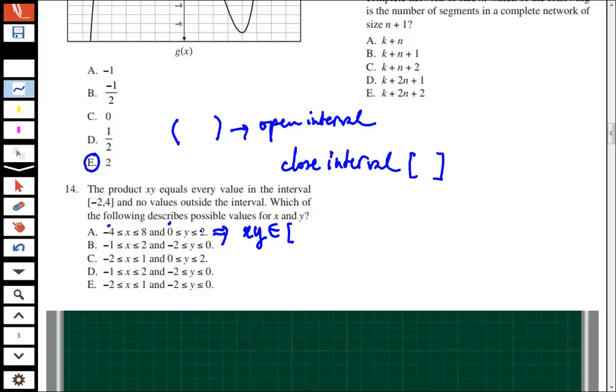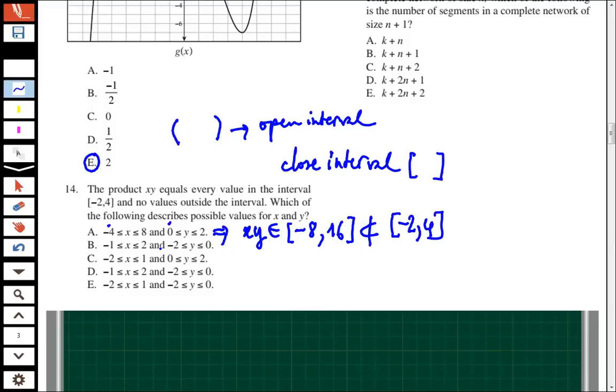I think that we should check that -4 times 2 is -8, and 16, outside of the interval -2, 4.